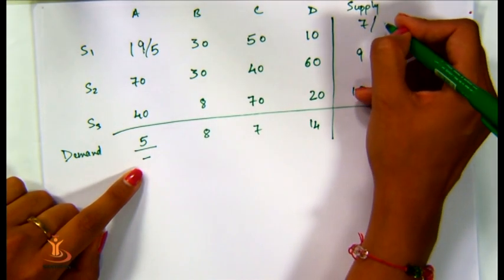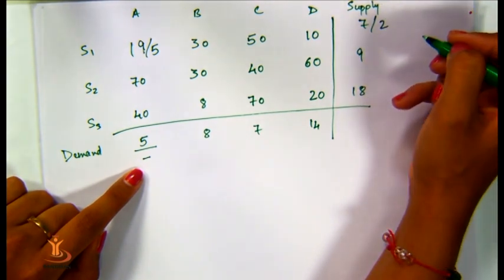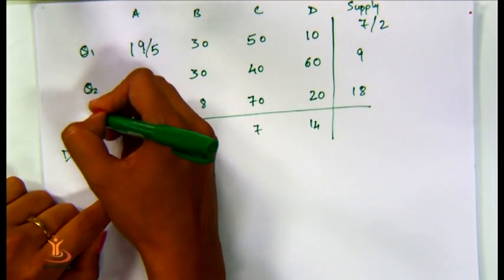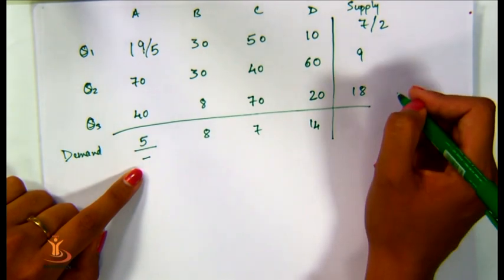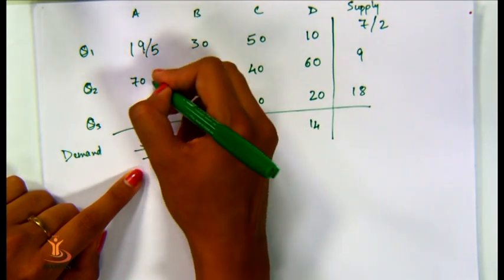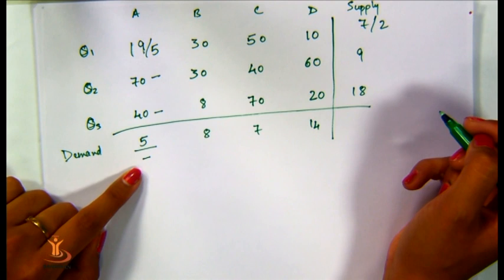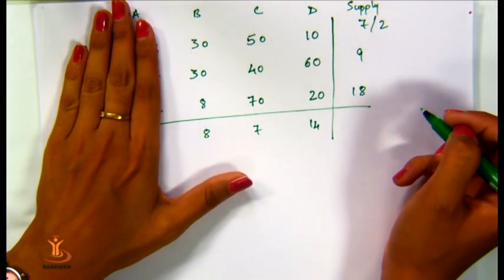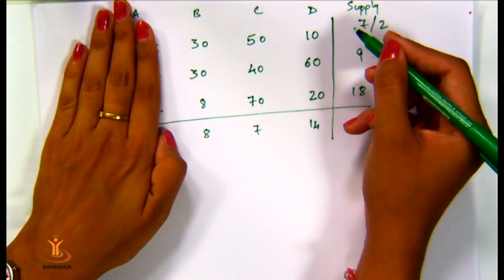That leaves us with only 2 units available now at origin O1. Because destination A does not require any more demand, we nullify this column. Now we do not take this column into account. The remaining transportation matrix is this.